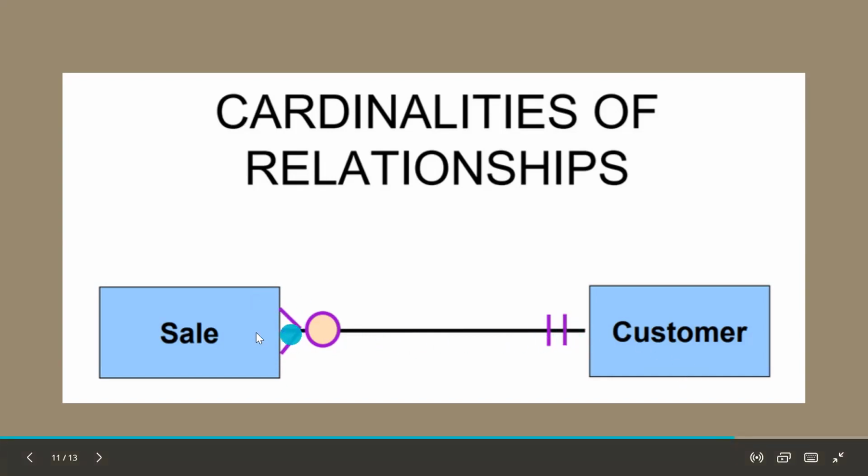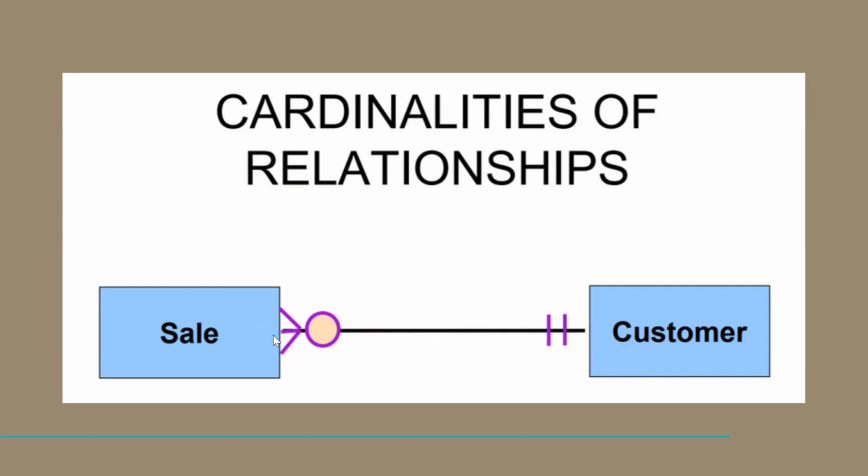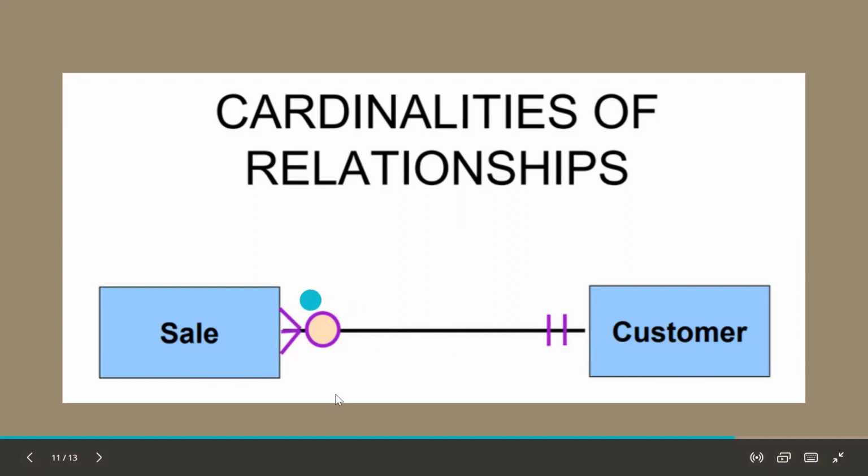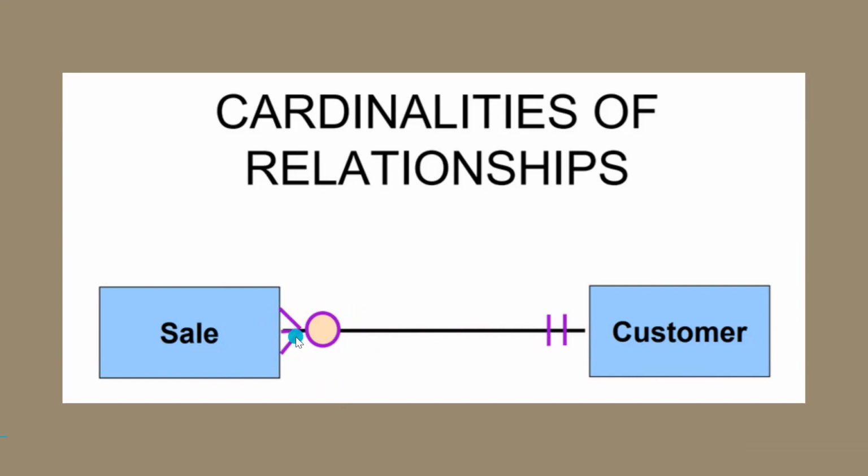How about this crow's foot over here? The maximum cardinality symbol next to the sale is for many. As you can see, it's a crow's foot, so it's many, which means that for every customer in the database, there can be many sales involved. Obviously, a company can make multiple sales to an individual customer.